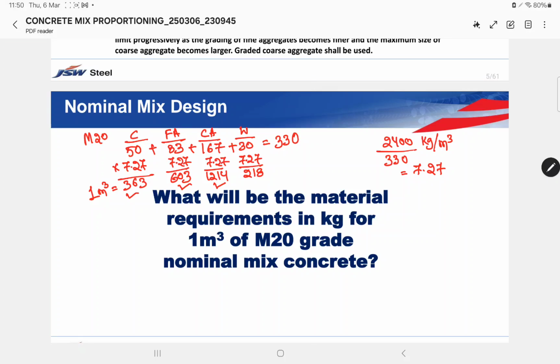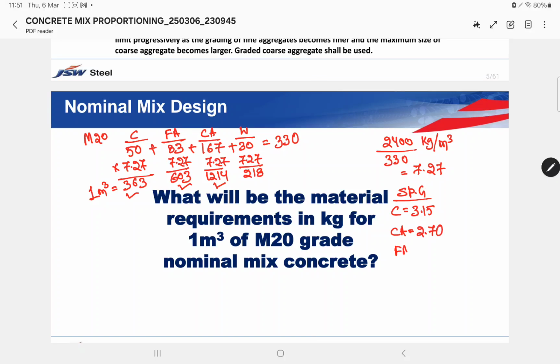Now let's do some back calculation and check whether all these materials, when we combine them together, give me 1 m³ or not. For that, we need to assume some specific gravity of all these materials. So let's assume specific gravity for cement, let it be 3.15. For coarse aggregate, let it be 2.7 only.